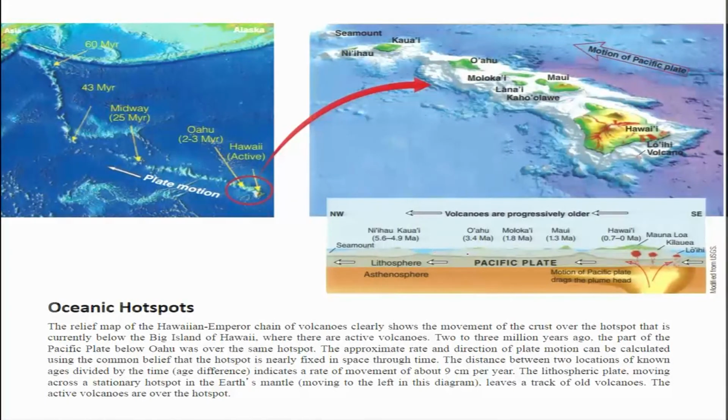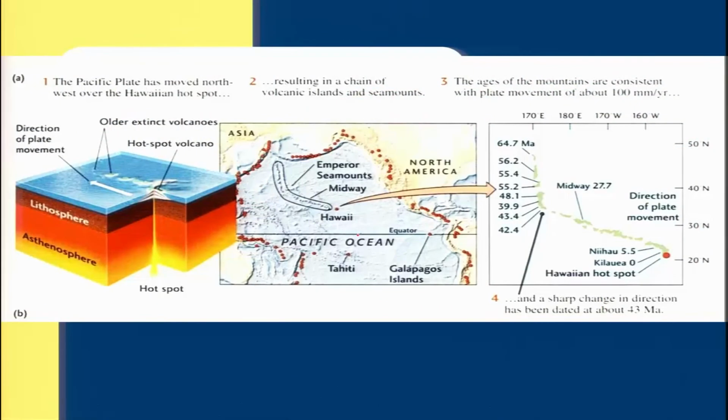If you look at the ages here, it shows that as you move away from this active big island, at present you have 0.7 to 0 million years, and this is here 1.3, 1.8, 3.8, 5.6 to 4.9. So as you move northwest from the big island, these islands have older ages.